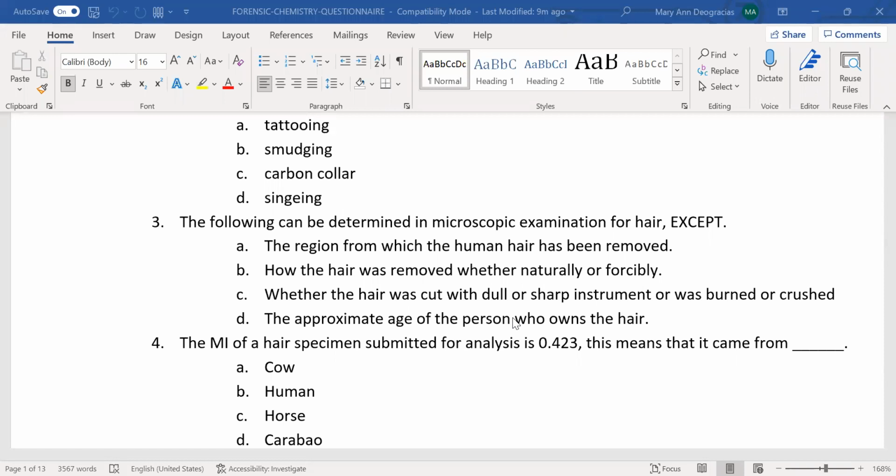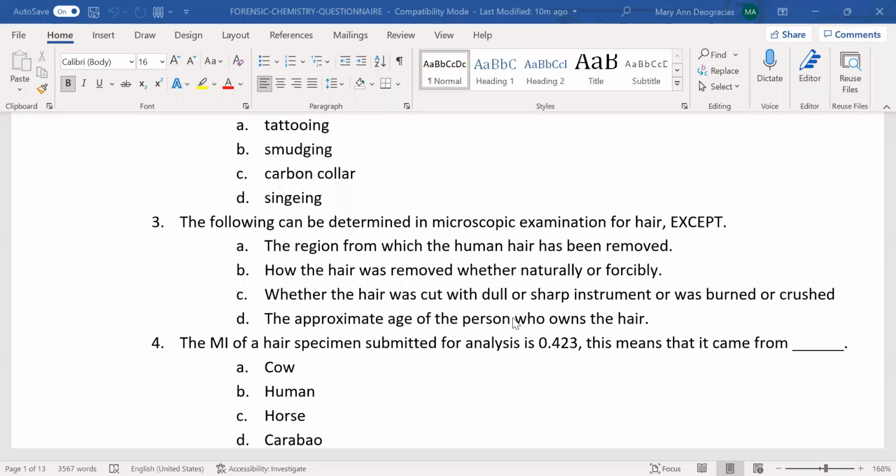And then letter D, the approximate age of the person who owns the hair. Ang pinaka-best answer dyan is letter D, the approximate age of the person who owns the hair. Okay, letter D. Very good.